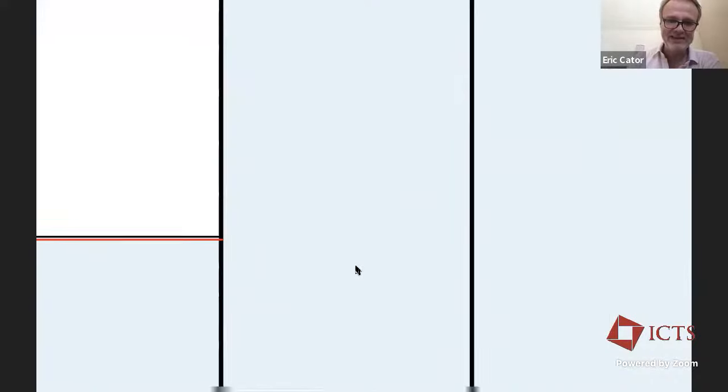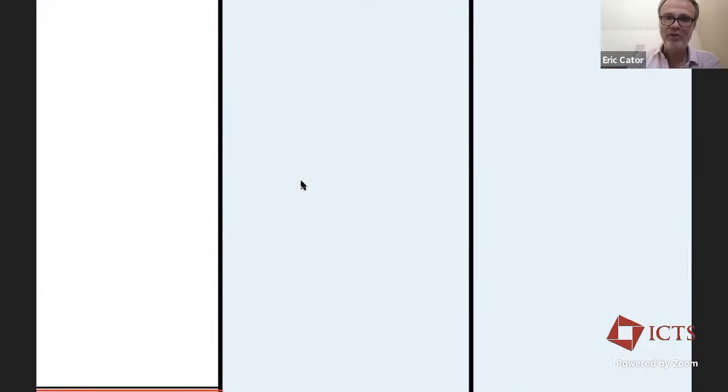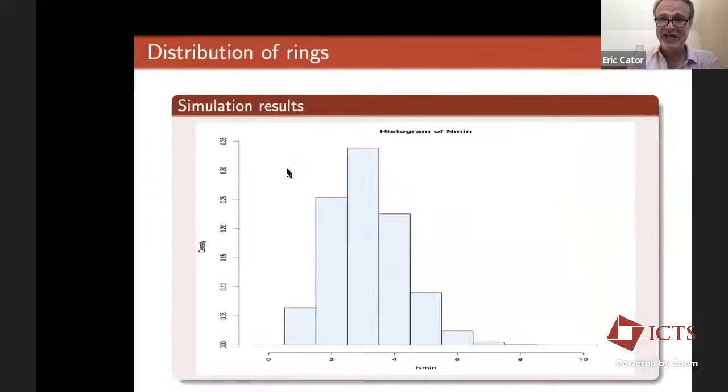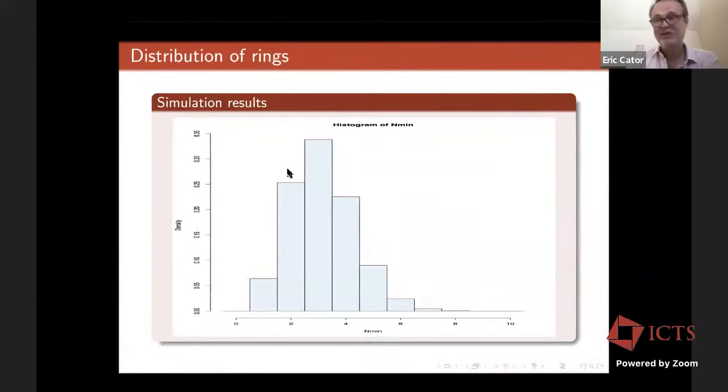And these red lines are more or less exactly on top of the black lines. So that's very nice. It shows that my guess must be right. This size biased squared Poisson must be the number of minima of these rings. The only question is, how do we prove it?